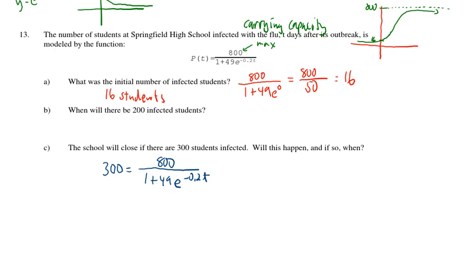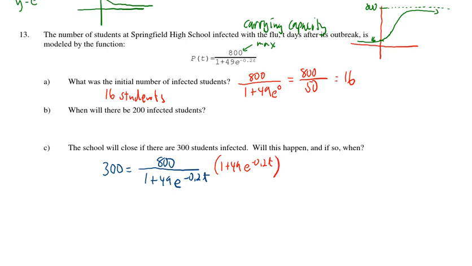Does anybody have any suggestions on how to proceed? Multiply both sides with 1 plus 49e. Yep, great idea, Diana. Let's get rid of the fraction. In other words, let's multiply both sides by the denominator, which is really the same as cross multiplication.